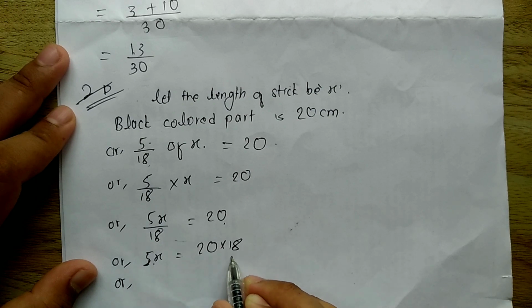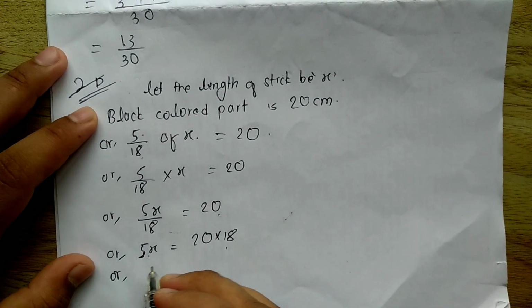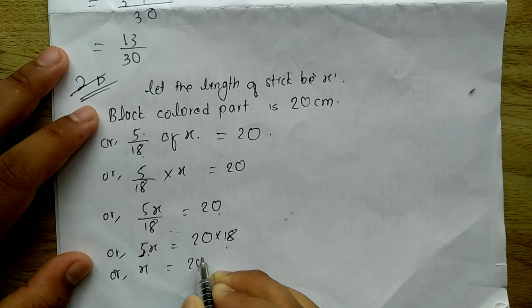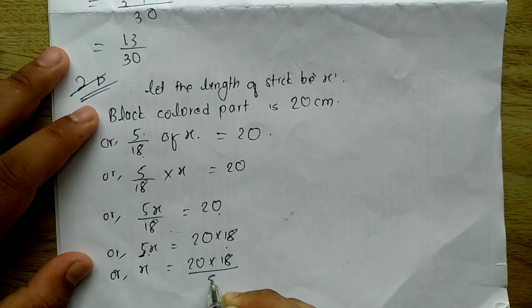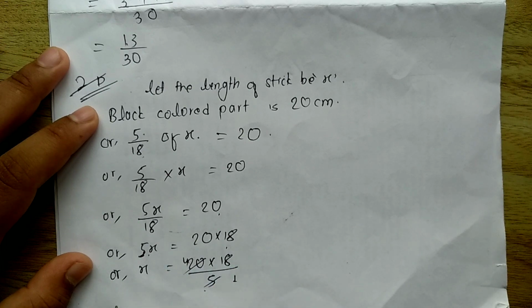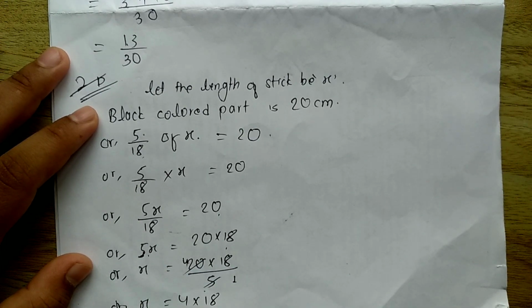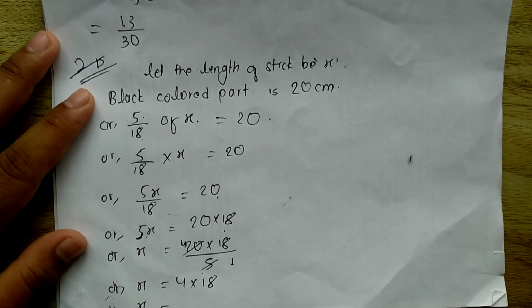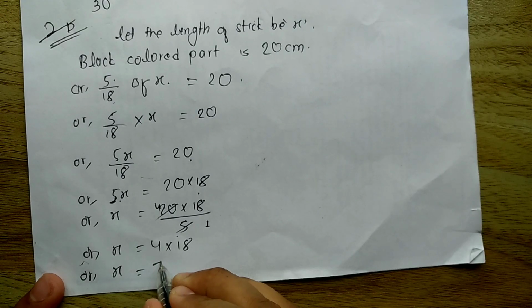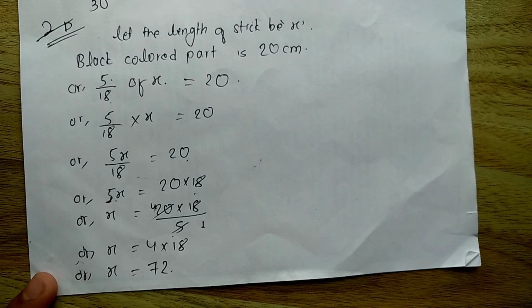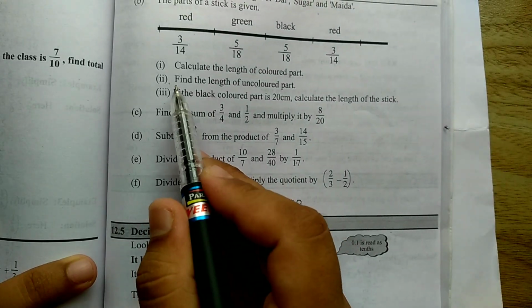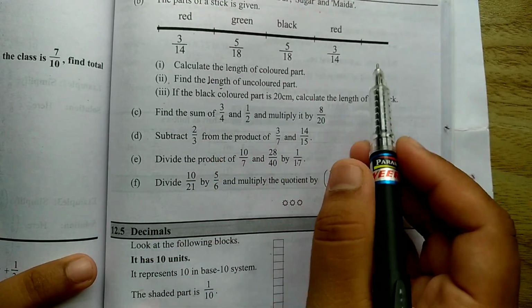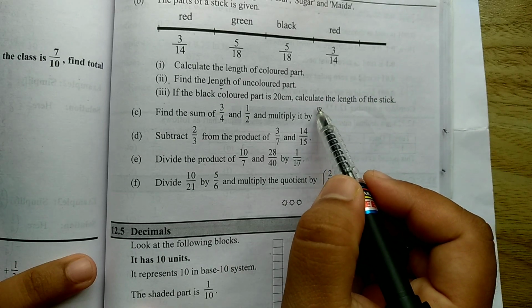When it goes to the other side, it becomes the denominator. x equals 20 into 18 upon 5. Now 5 1s are 5, 5 4s are 20, so x equals 4 into 18, or x equals 72.